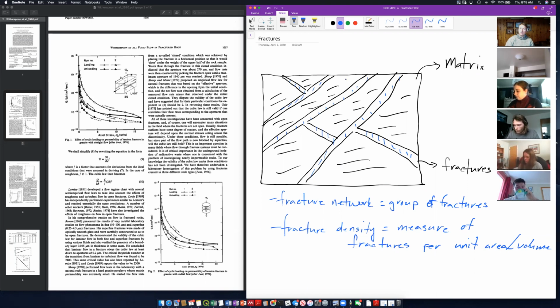Other things that we might be interested in for our fracture network are the orientation, so the preferred orientation. For a lot of geologic reasons, these things will often have a preferential orientation, and that's due to, say, the stress field at the time the rock was fractured. So we'll call that the fracture orientation.